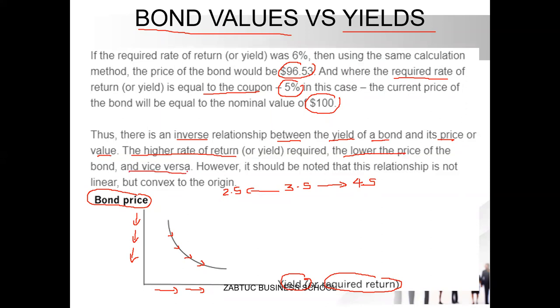But like we covered last time, it should be noted that this relationship is not linear, unless for very small changes. The relationship is convex, like what we see here. So that is why I said, what we are covering on this slide is something that you know.